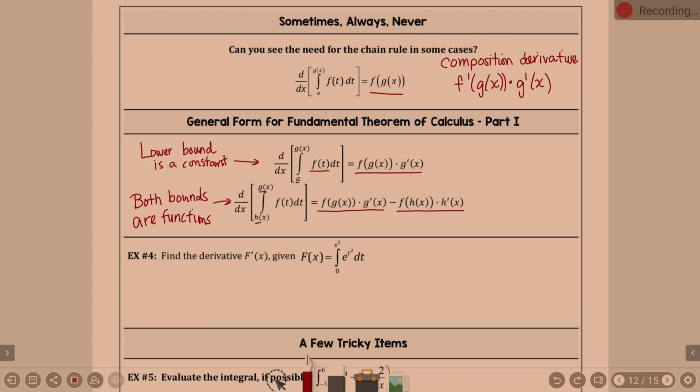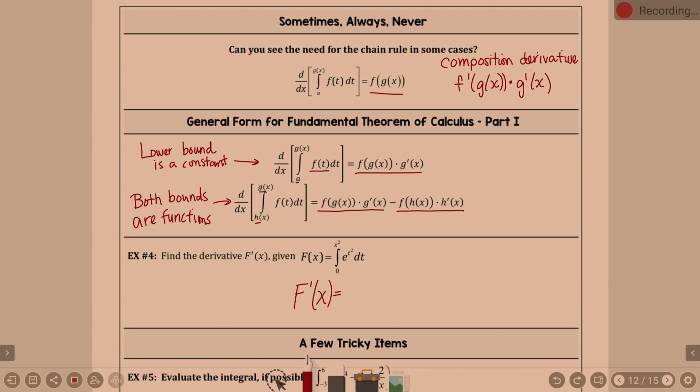If we look at 4 real quick, find f prime of x given f of x is the integral from 0 to x squared of e to the t squared dt. So we're trying to find the derivative. If we're doing the derivative of the integral, they basically undo each other, right? So it's e to the t squared. What are we going to plug in for t? x squared.